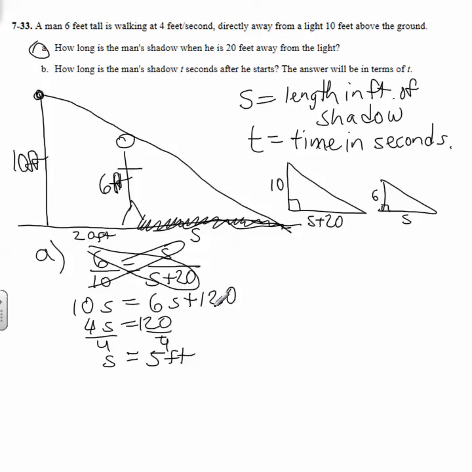Oops, I forgot to write the 120, so 120 divided by 4, our shadow length is 30 feet. Here we go, that looks better.